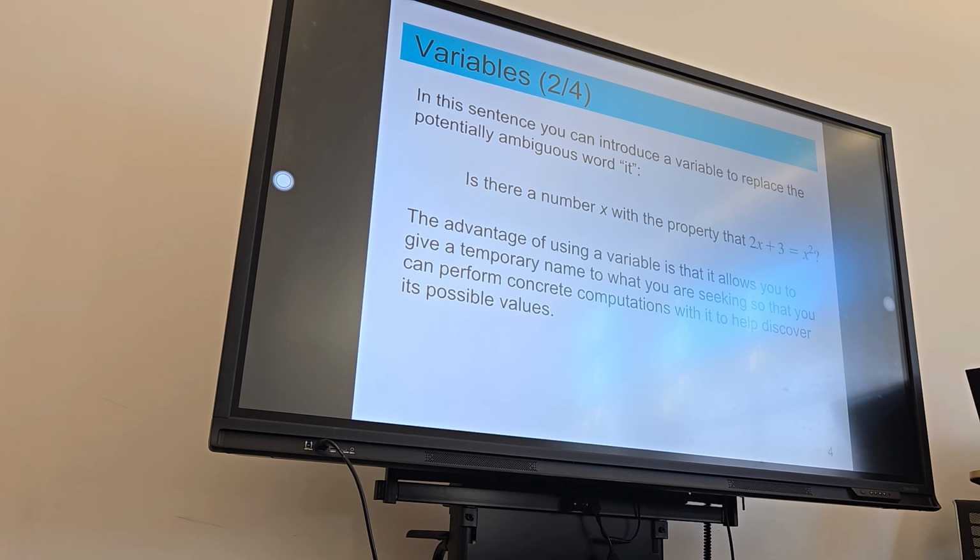So the question becomes, is there a number x with a property such that 2x plus 3 equals x squared? This gives you a temporary name to what you're seeking so that you can perform computations with it to help discover its possible values. So there you go.